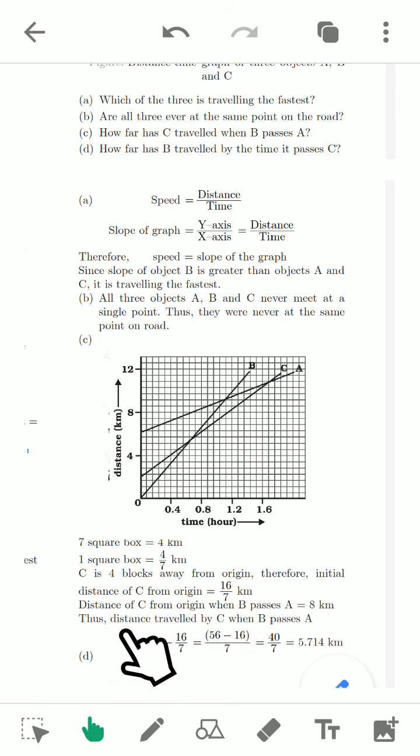Thus, the distance traveled by C when B passes A is 8 minus 16 by 7, which equals 40 by 7, that is 5.714. See here, C is starting from here, and till here. That means from here to here minus from here to here, that is coming 8 km.